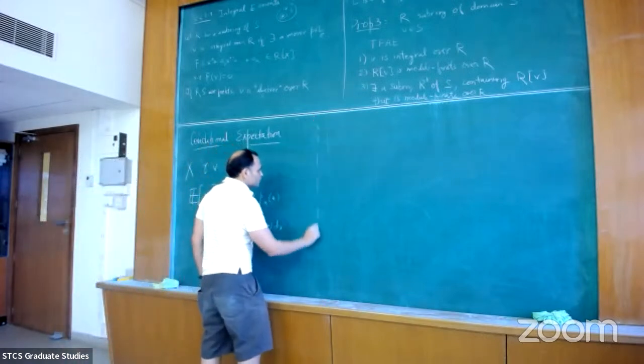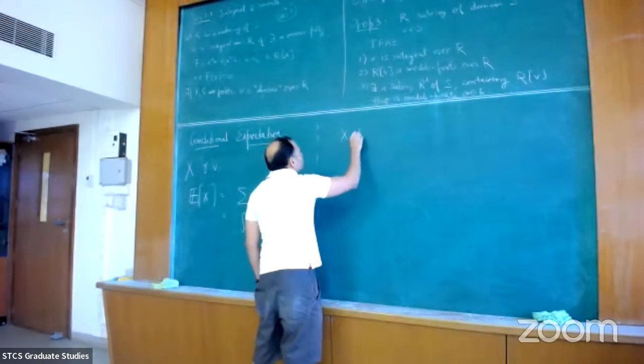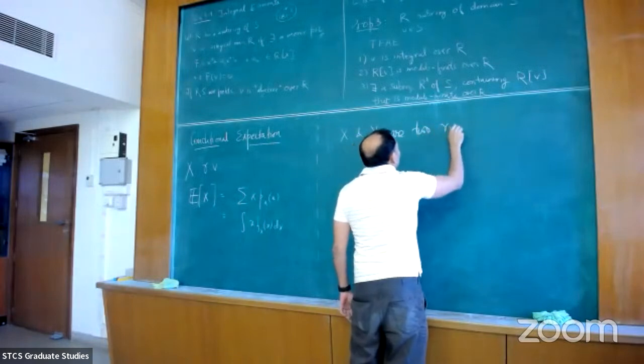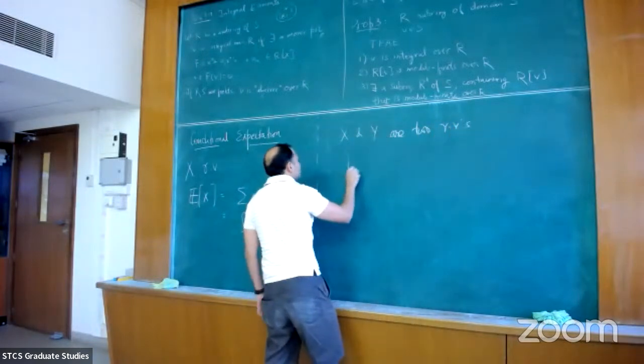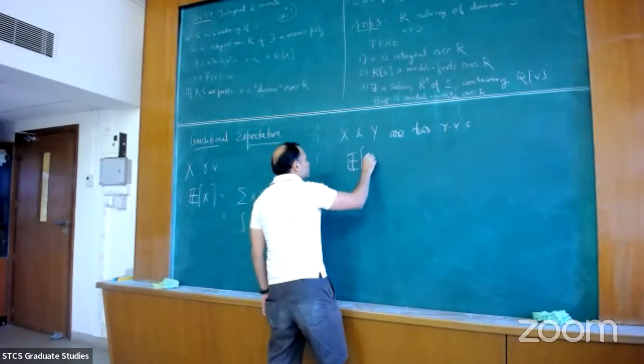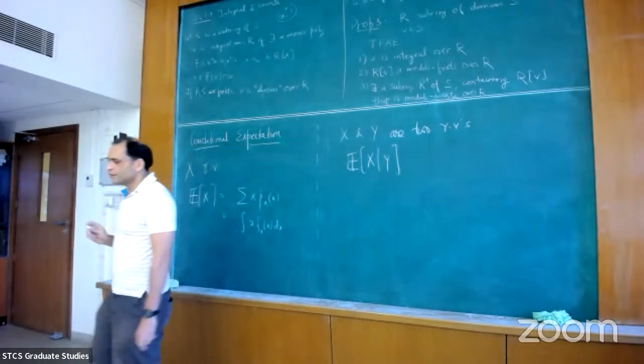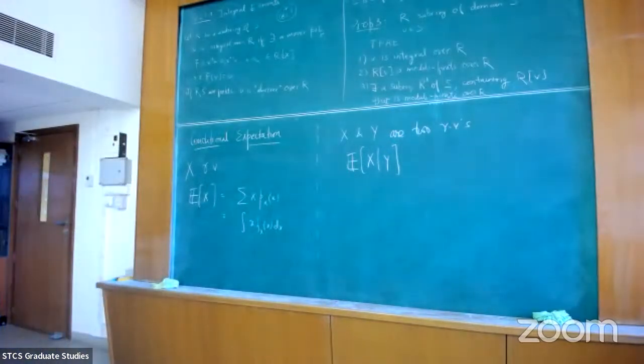And you must also have seen, suppose x and y are two random variables, something like this. This is called conditional expectation. But do we understand what this actually is?